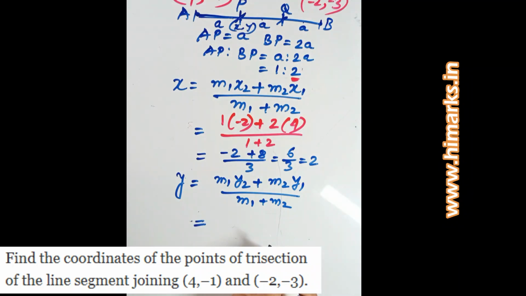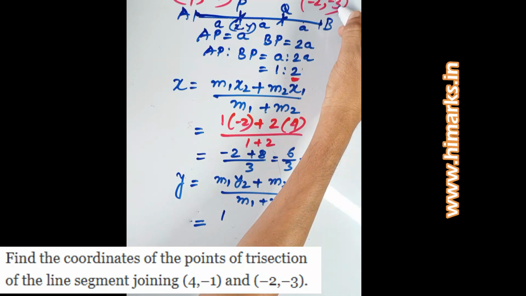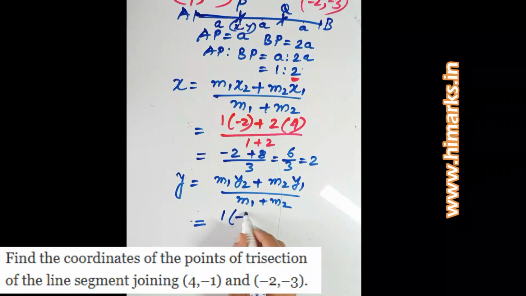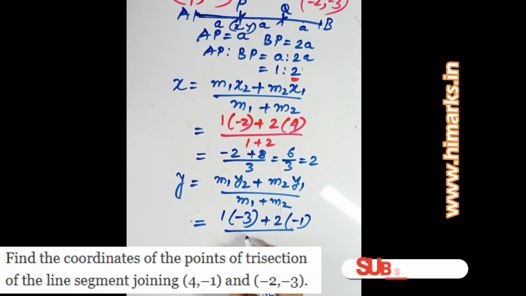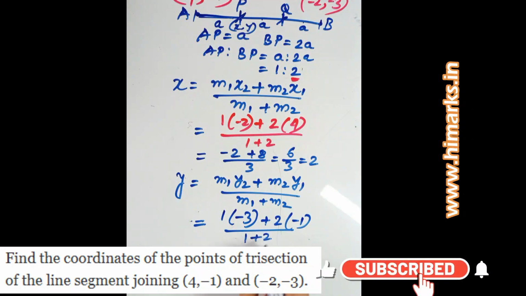So in this case, we put the value of m1 is 1 and y2 is -3, so 1 into -3 plus m2 is 2 and y1 is -1, by m1 plus m2, which is 3.